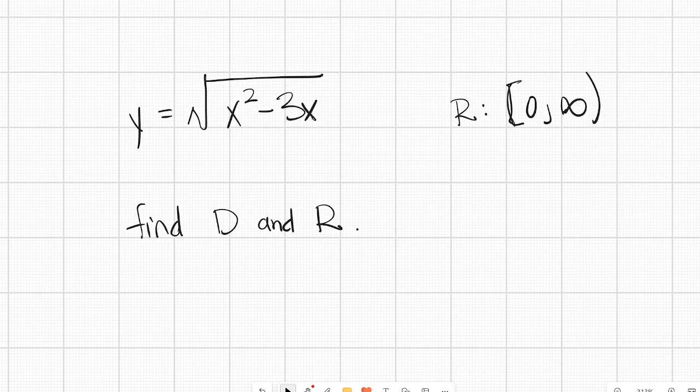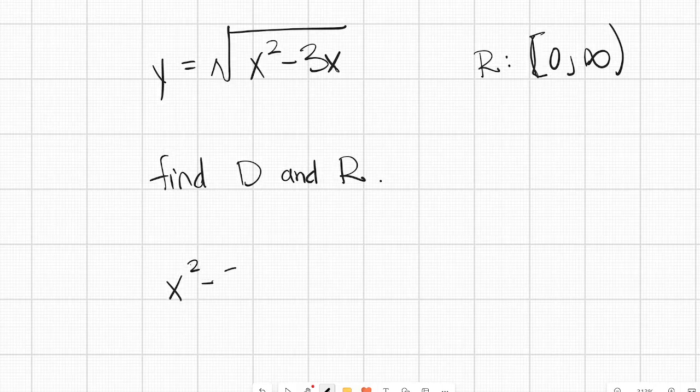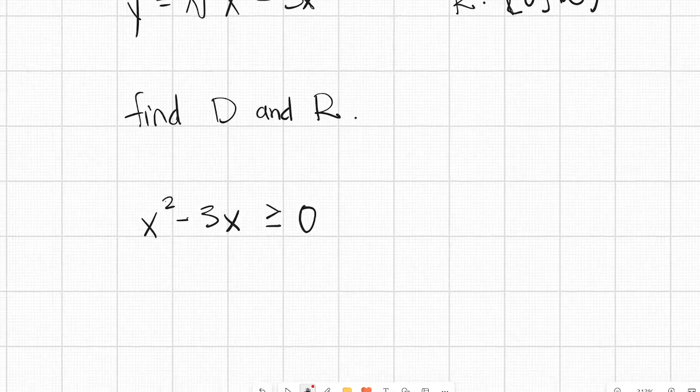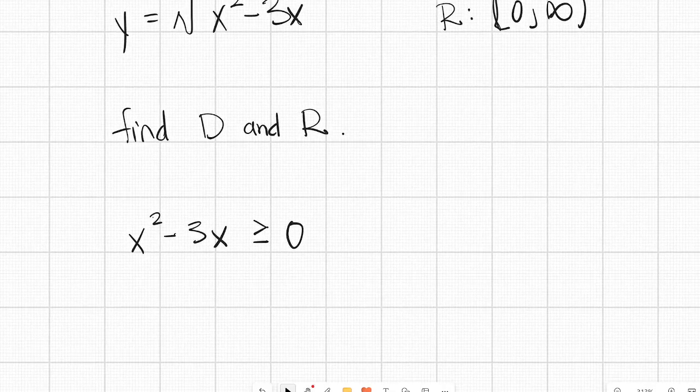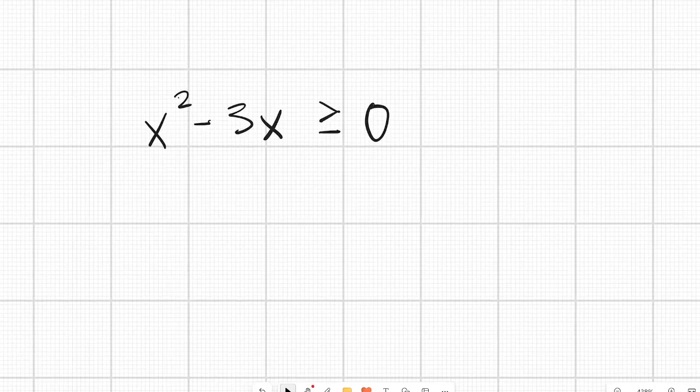We have to figure out what x can equal, and how we do that is we say, well, under the square root symbol, that expression, in this case x squared minus 3x, has to be greater than or equal to 0. Since we can't directly solve for x in this form, we're going to have to factor it.